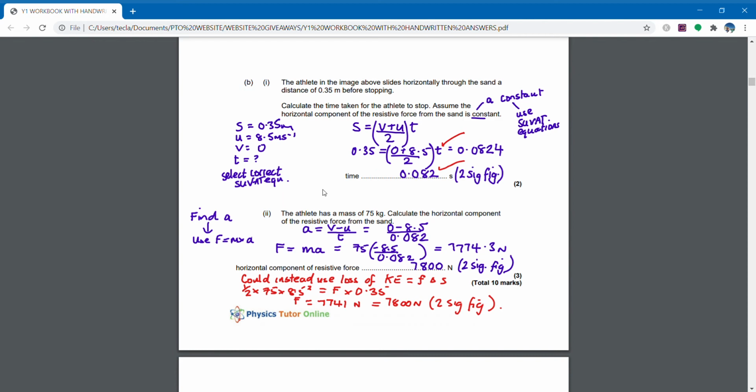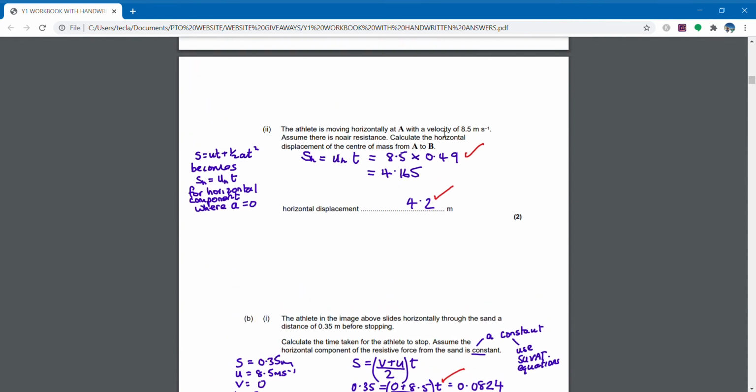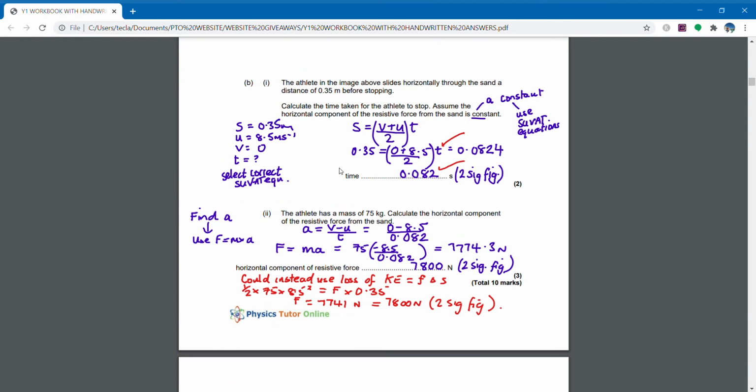So what are we given? We're given S, 0.35 meters. U, we know, is 8.5 meters per second from the previous question. V will be 0, final velocity will be a 0, and time we are asked to calculate.